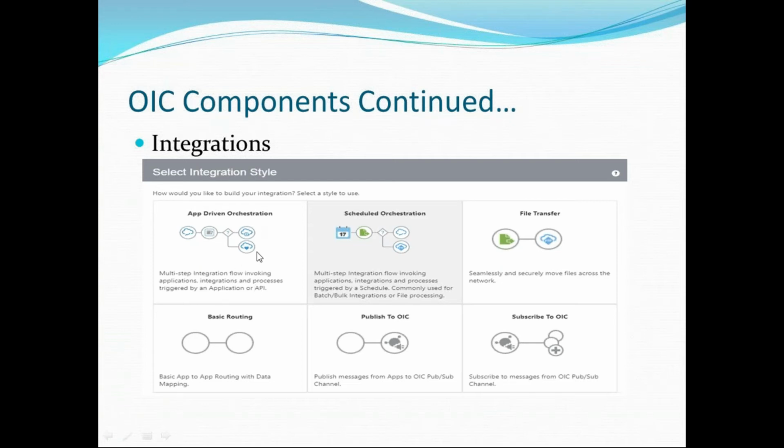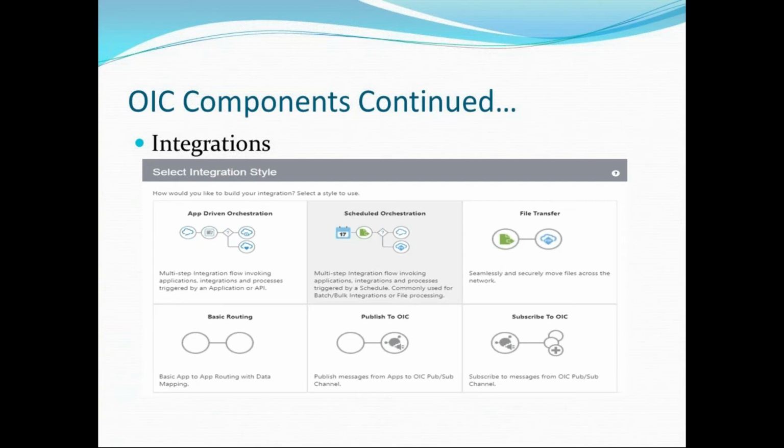App-driven orchestration is something where you can either consume or expose your service, or you can call data from any of the ERP systems. Orchestration means an integration flow where you can invoke more and more services or fetch data from different ERPs based on your requirement.